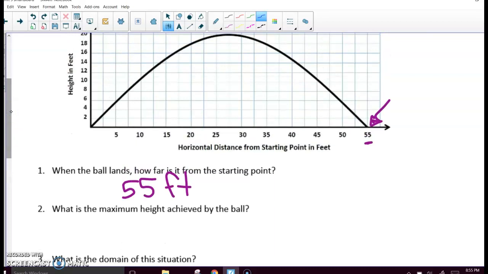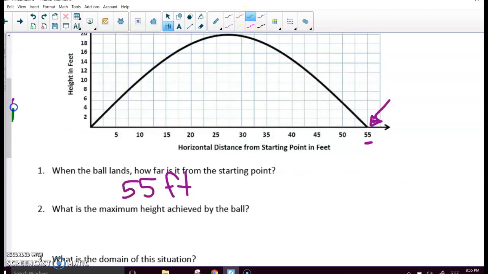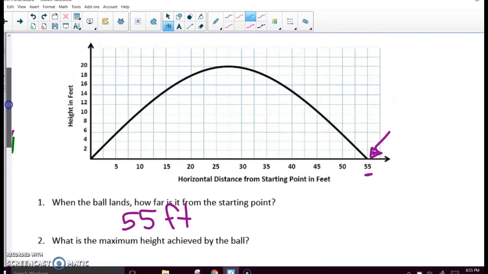Question number 2, what is the maximum height achieved by the ball? The maximum height occurs at our vertex. The coordinates of my vertex: as I go down to my x coordinate, it's halfway between 25 and 30, which would be 27.5, and the y coordinate corresponds with 20.